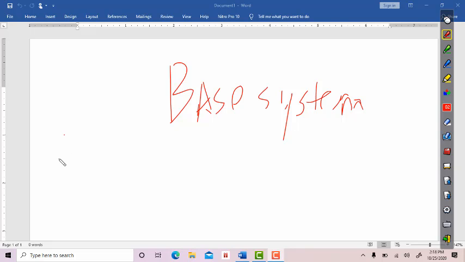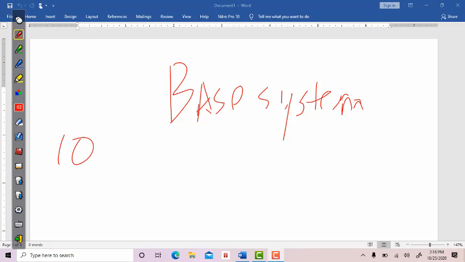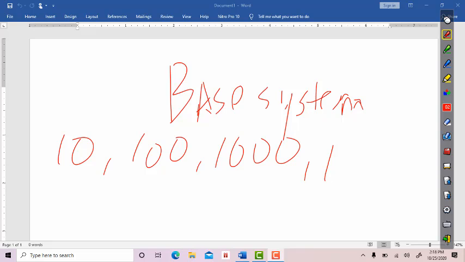Base system is what they mean by base of 10, 100, 1,000, 10,000, and so on. This is what they call a base system. So when we multiply something, we try to see the closest base, and from there we use the techniques to count.